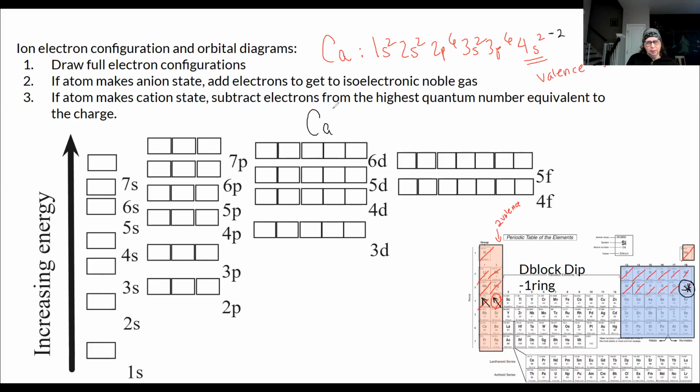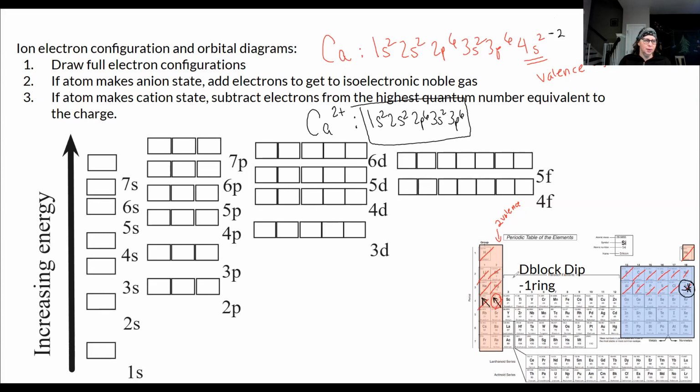So calcium has a +2 charge because he lost 2 electrons: 1s2, 2s2, 2p6, 3s2, 3p6, and we don't say 4s0, we just have made him smaller. So calcium, when he's in his ion state, now only has 3 filled rings. So he's actually going to be smaller than his atom state because he has fewer rings.